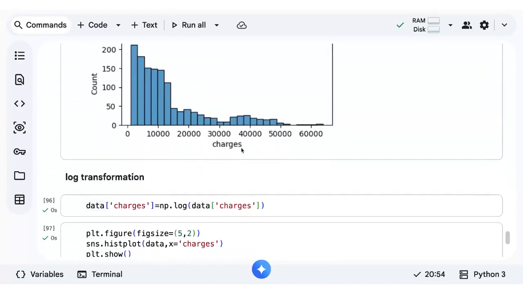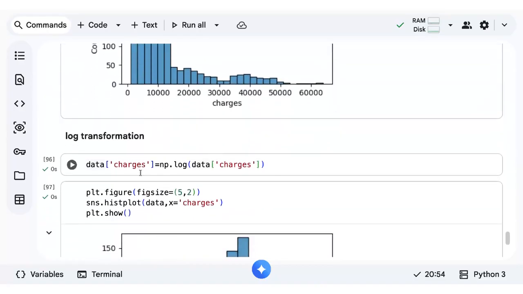Guys, is it clear about the transformation? Let me repeat it.